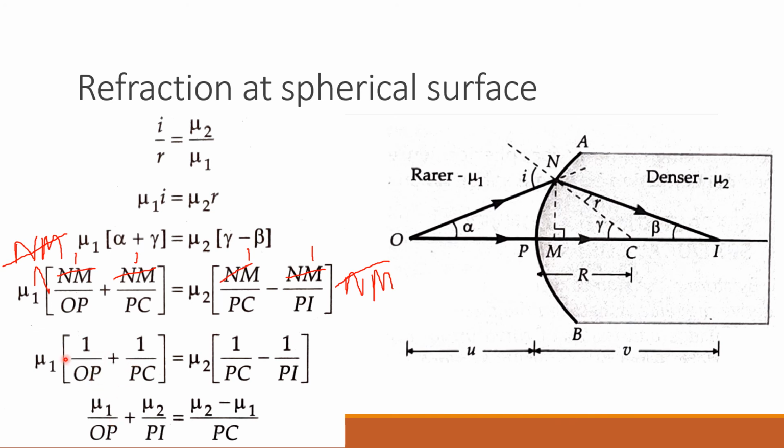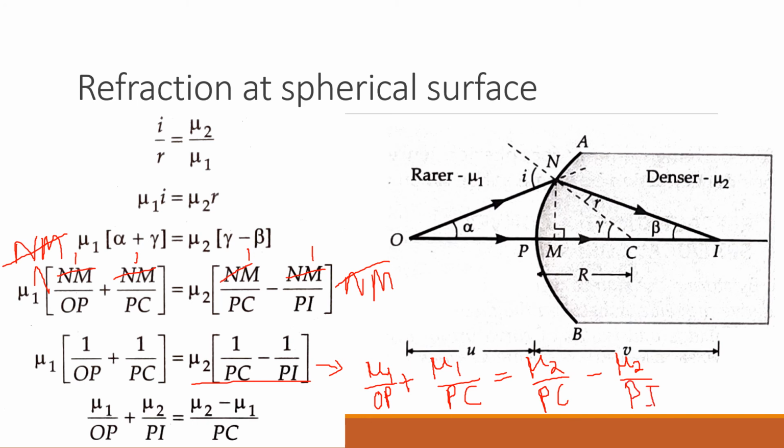Similarly, mu1 times 1 by PC, so I'll write mu1 by OP plus mu1 by PC equals, I'll open this bracket here also, mu2 by PC minus mu2 by Pi.